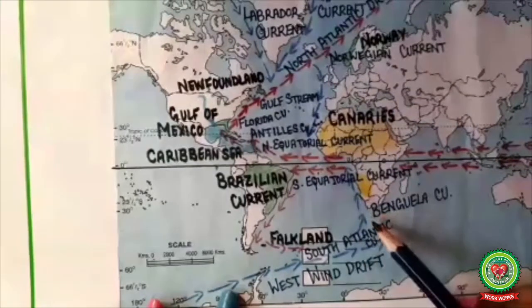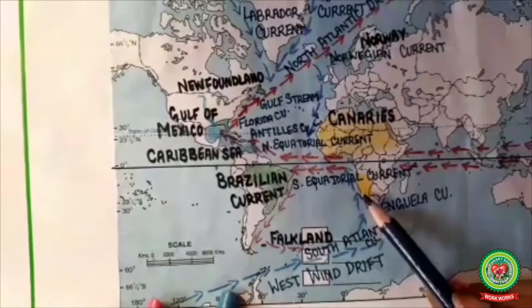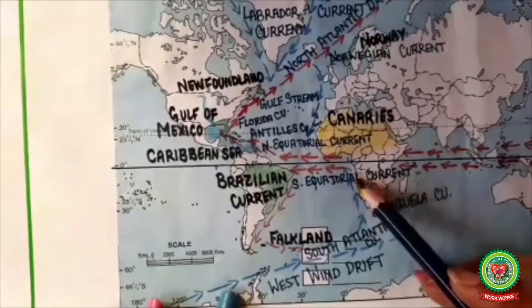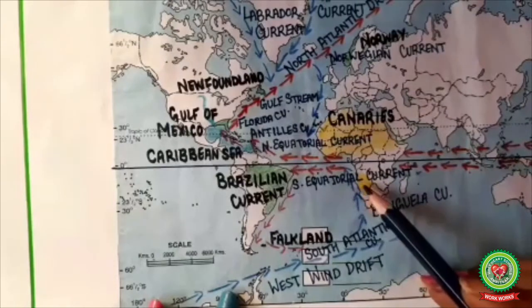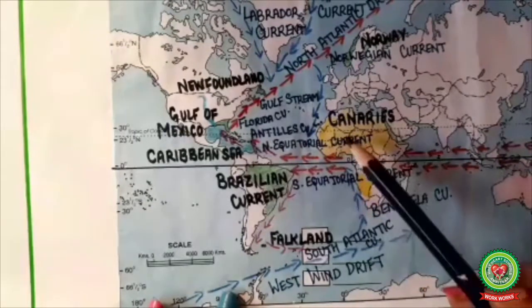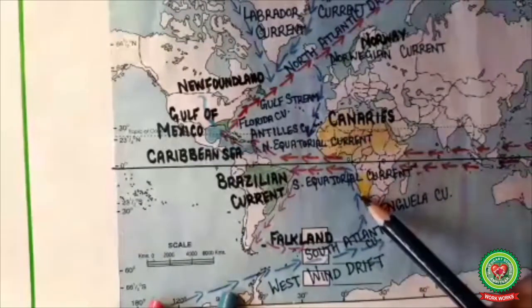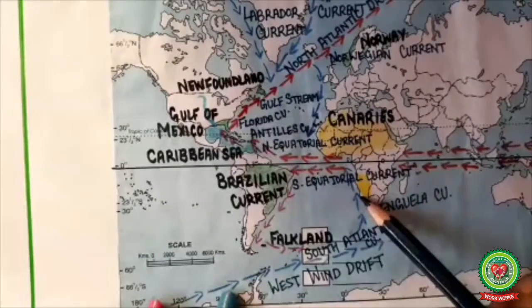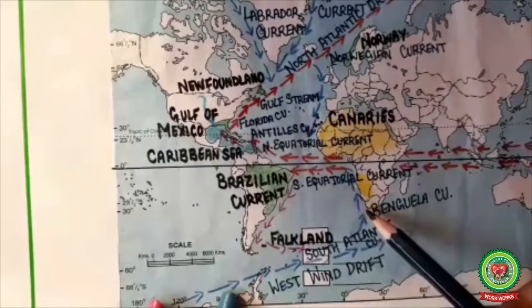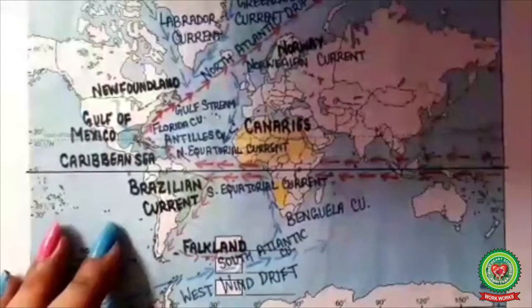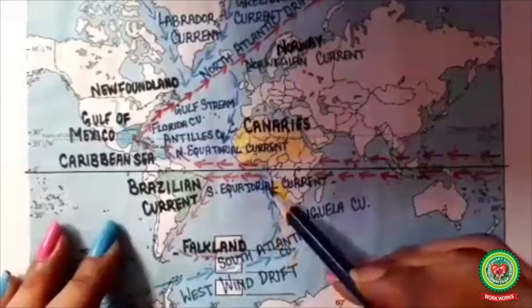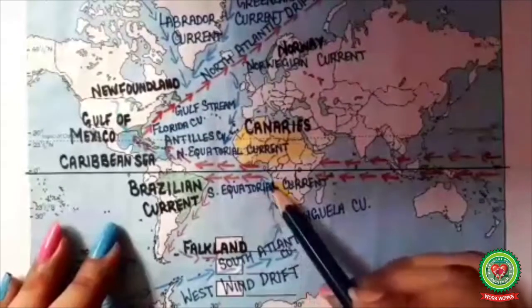The cold Benguela current leads to the formation of the Kalahari Desert in South Africa. So you will see that mostly the deserts in the world are located in the western part of the continents as they are affected by the cold currents. Finally, the Benguela current merges with the South Equatorial current.